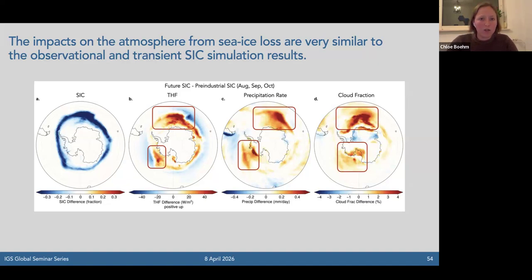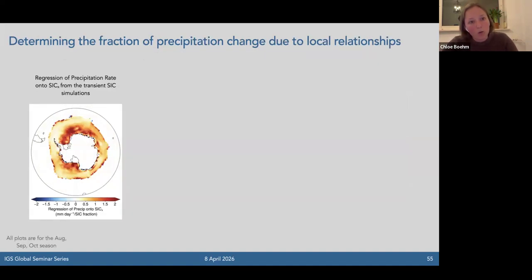And so we next wanted to investigate how much of these impacts, the difference between the future and pre-industrial runs, could be attributable to these local relationships that we were isolating in our previous results. To do that, we start with a regression of precipitation onto sea ice from the transient simulations.